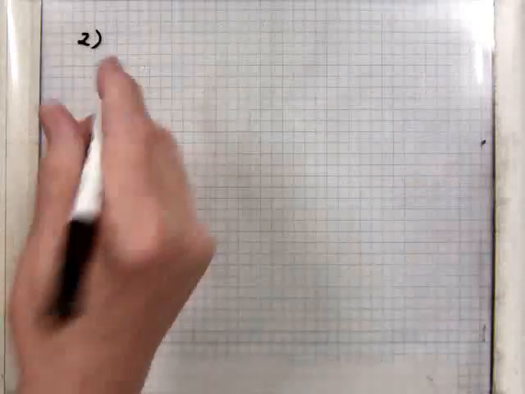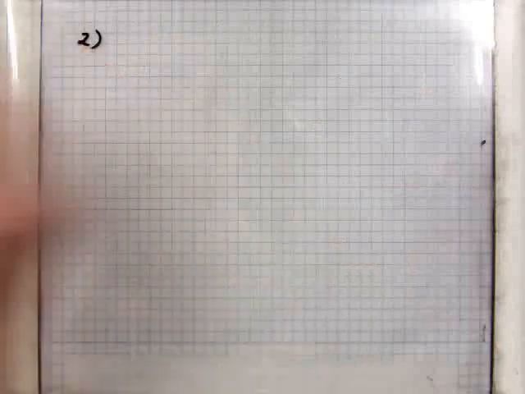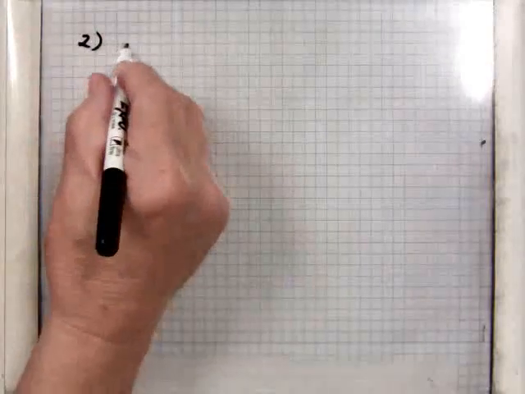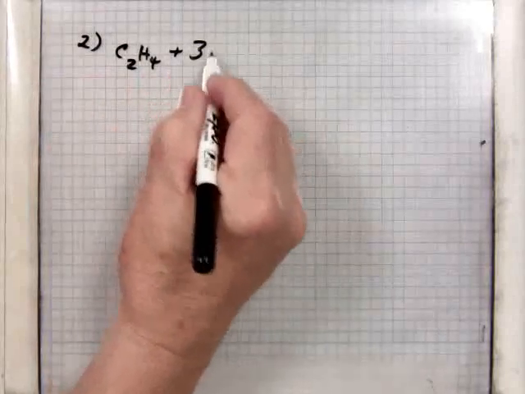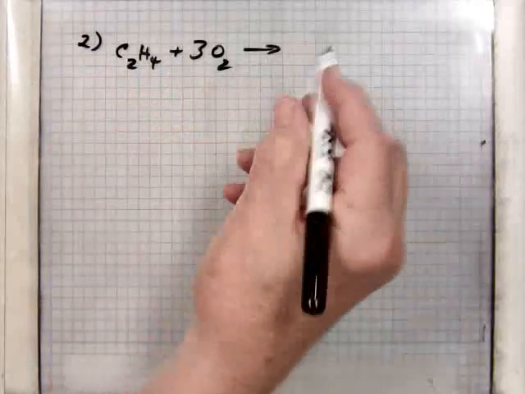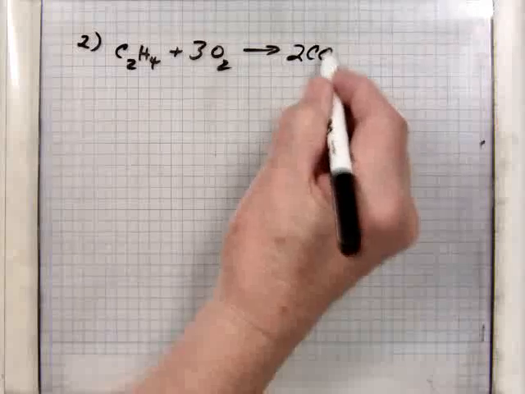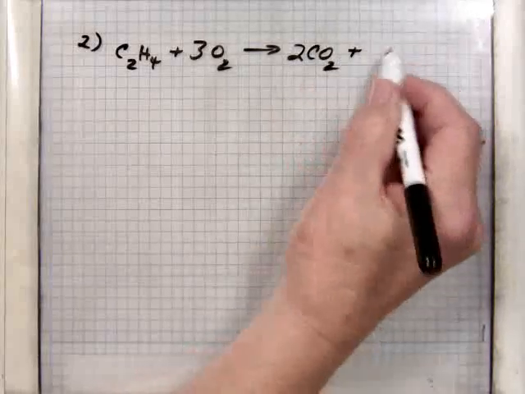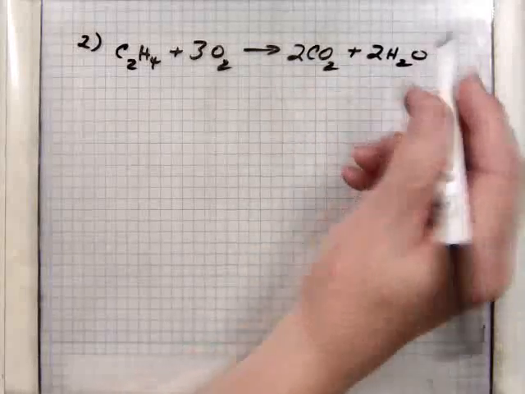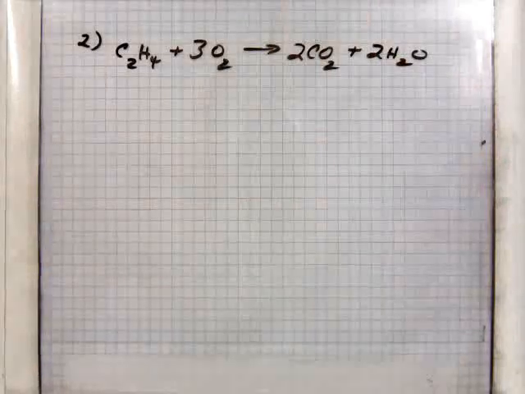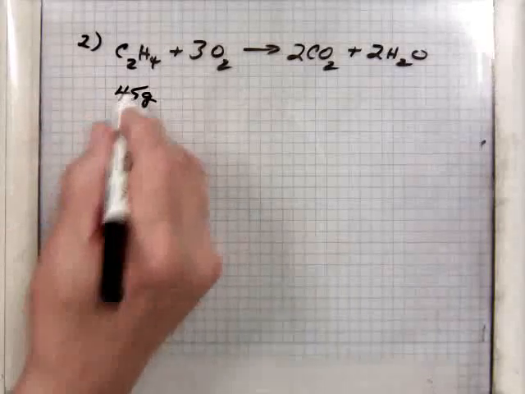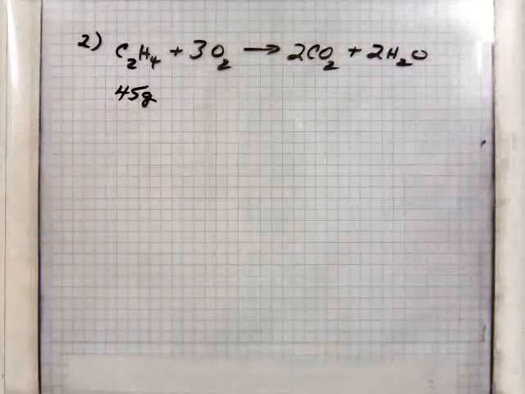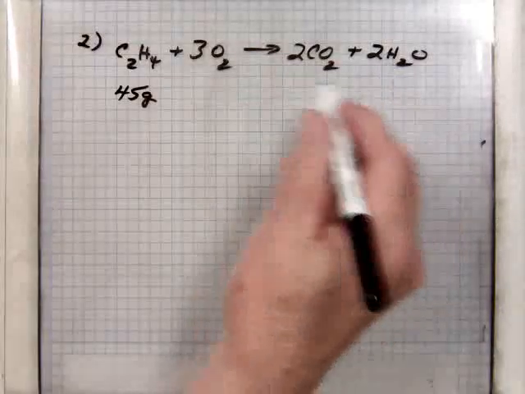Okay, we're given C2H4 ethylene: C2H4 plus 3 moles of oxygen goes to 2 moles of CO2 plus 2 H2O. In this we're given 45 grams of ethylene. How many grams of carbon dioxide will be produced?